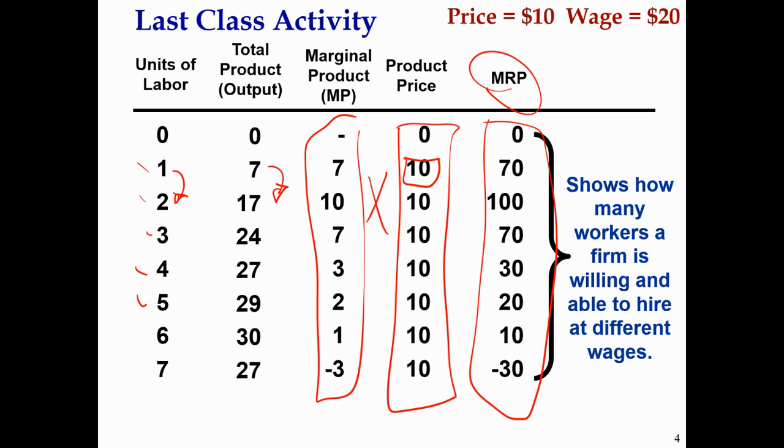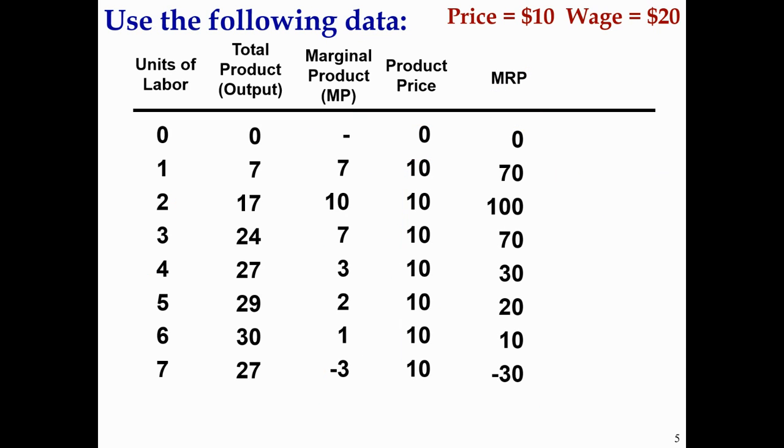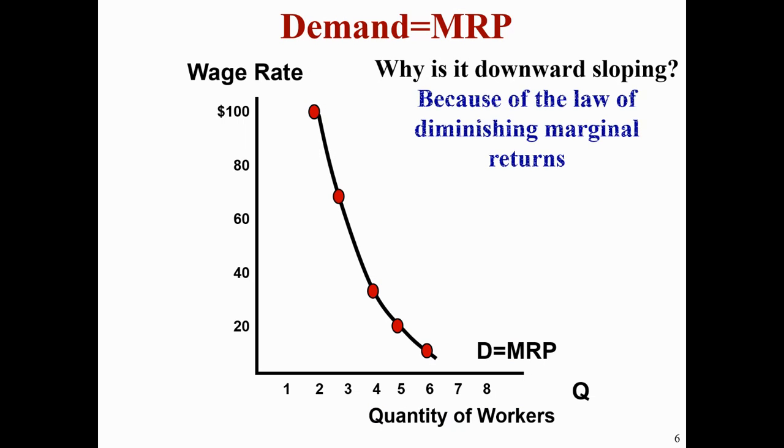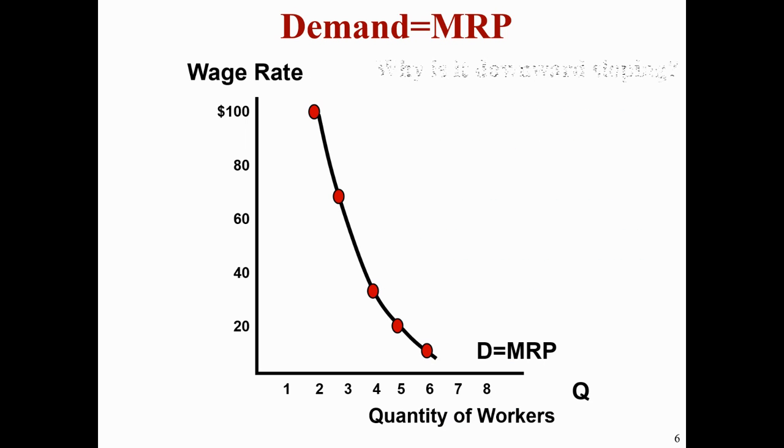So what affects MRP? Either the product price, or the units of labor and the product produced by each unit of labor. Plotting these points, we can understand that the demand will be the same as the marginal revenue product.